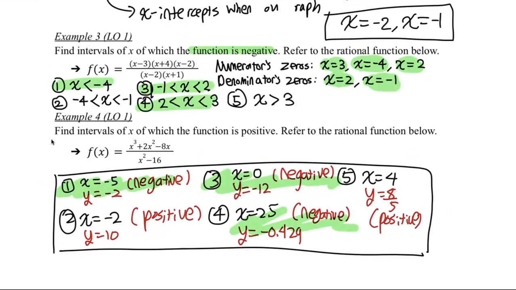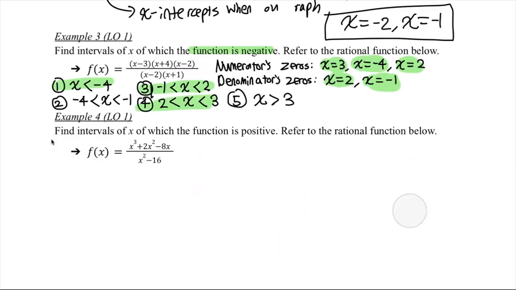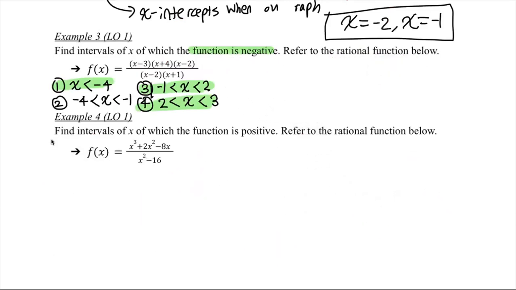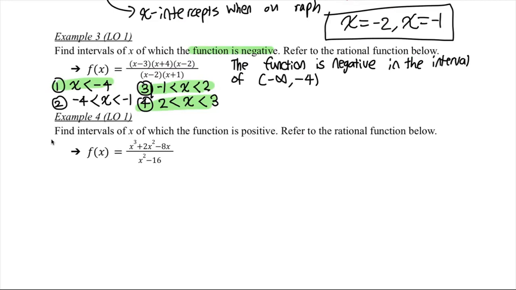So we can write our answer as: the function is negative in the interval of, and we can write this in interval notation like this, where this union symbol essentially means or.